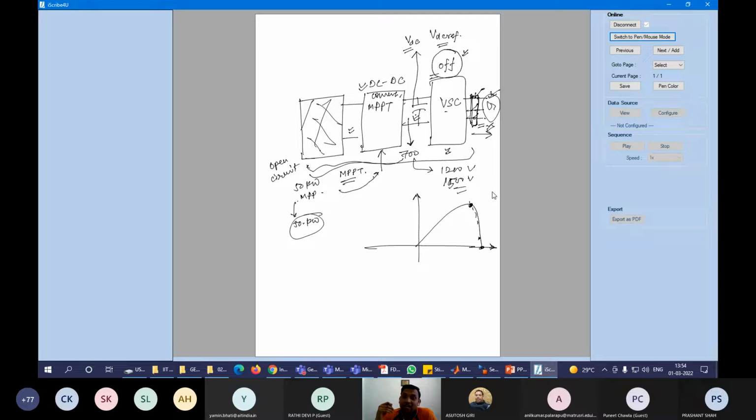And if it reaches from 700 to 1500 volt, because there is no way to flow the power and it has been interrupted in between, this DC link voltage will increase beyond its limit, and this capacitor may blast. It will result in a blast of this capacitor.